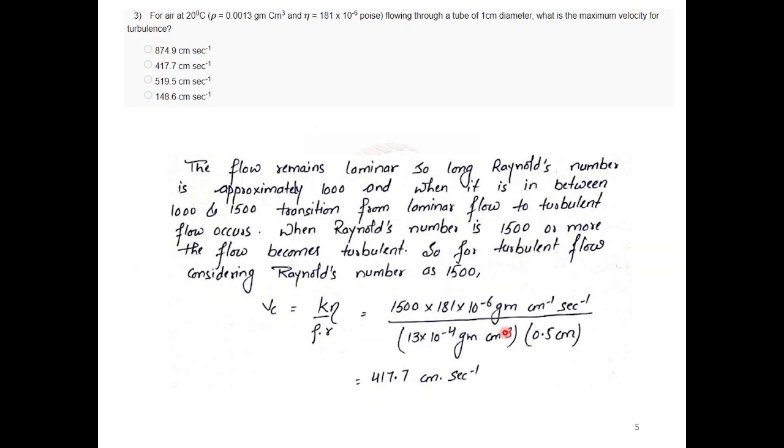And here you need to calculate only the maximum velocity, which is k into eta by rho into r, and this value is coming around 417.7 centimeter per second. So the gram will be cancelled out, and the powers give centimeter per second.